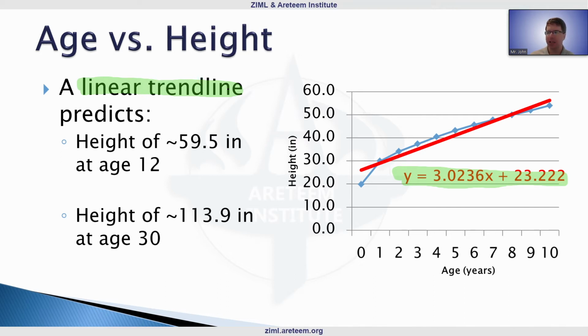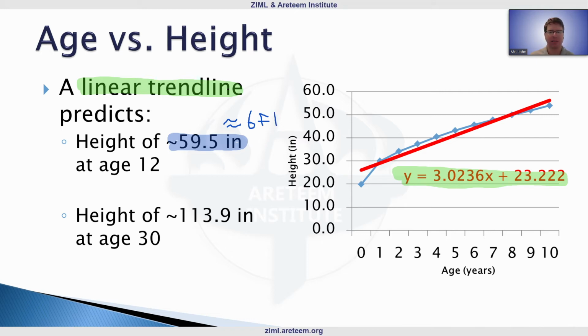So first one here is a height of 59.5 inches at age 12. If we're more used to looking at feet, 59 inches is a little less than 5 feet.